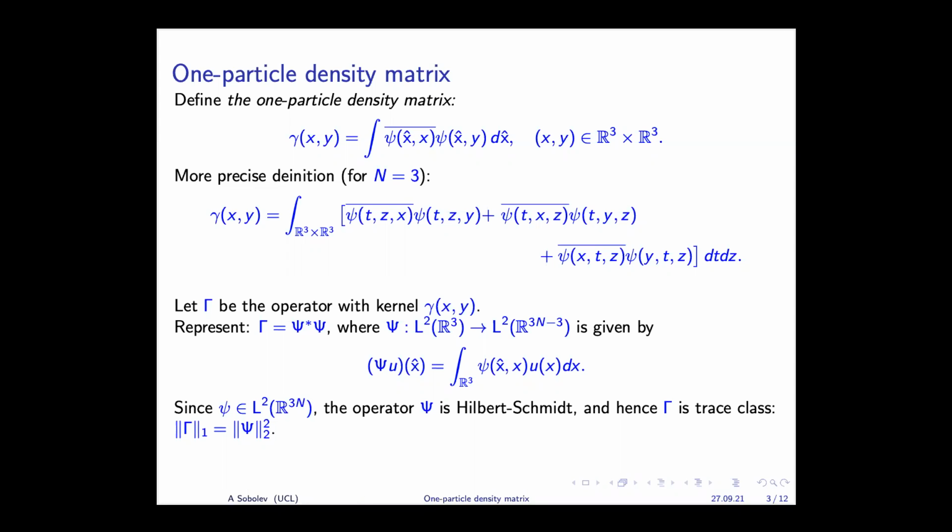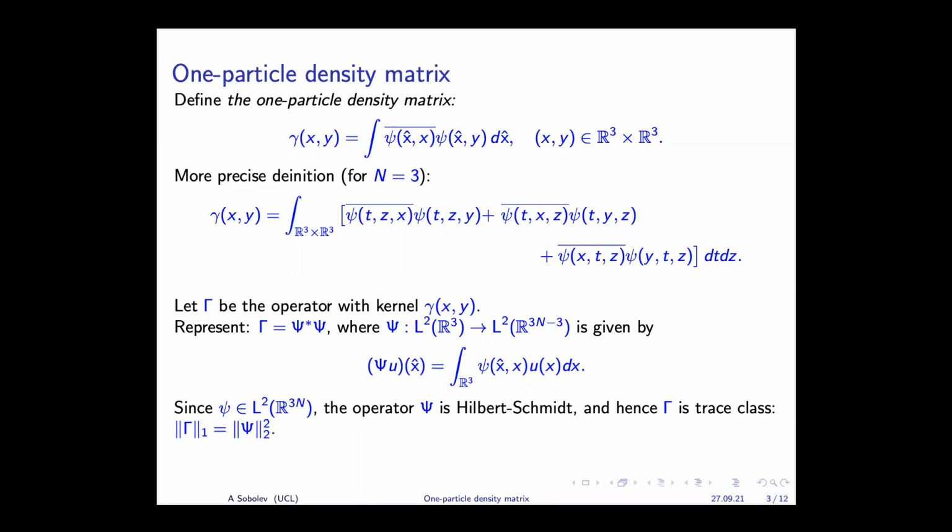So already for free, we got this information that gamma is actually trace class, and we actually know the trace norm, because this is a positive operator. And therefore, the trace norm, or the trace, is equal to the norm of psi squared, which is very nice.